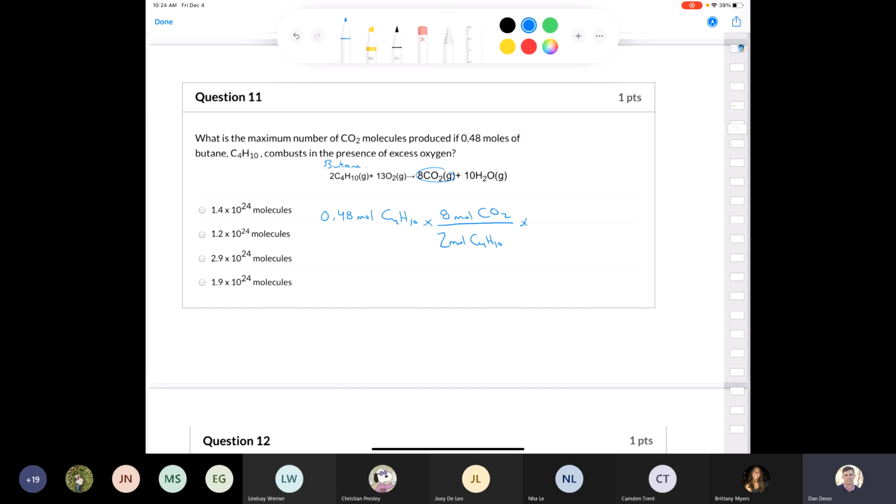Now we're looking for the number of molecules of CO2, and we know that in 1 mole of CO2, we have 6.02 times 10 to the 23, Avogadro's number of molecules of CO2. When we multiply all that out in our calculator, I ended up with 1.2 times 10 to the power of 24 molecules.